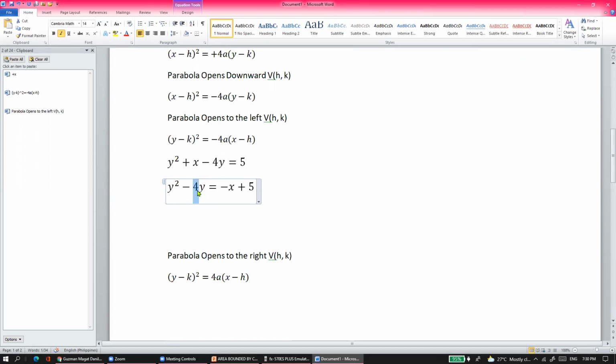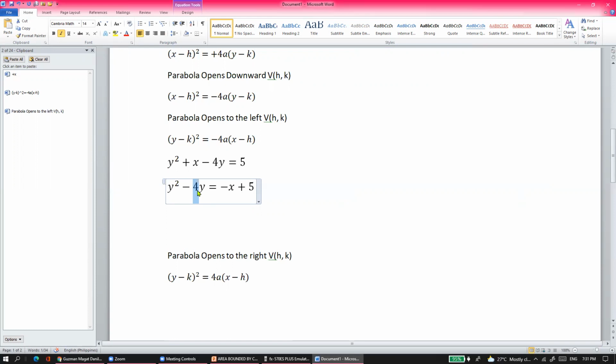Ang gagawin niyo sa step dito, lagi niyong dinidivide ng 2. 4 divided by 2 is 2. Kung ano mang number yan, didivide mo ng 2. So, yung quotient na nakuha natin is 2. And then afterward, square natin uli yung 2. Anong makukuha natin? 4. Marlon and Francis, dinig ba ako?